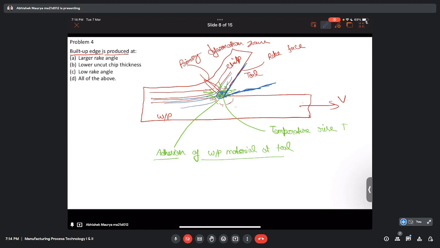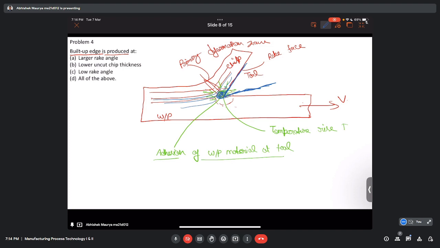Earlier the cutting was happening because of the sharp edge of the tool, but now, because of the addition of this small chunk of material, the cutting is taking place by this small portion of stuck material, and this is not that sharp, it is blunt.